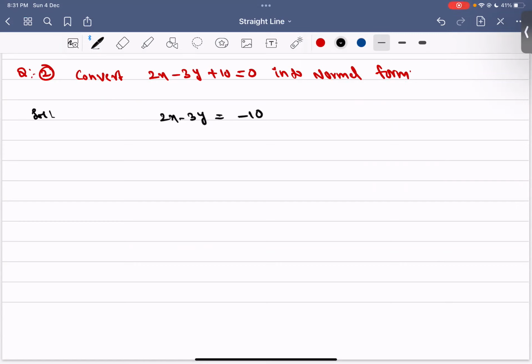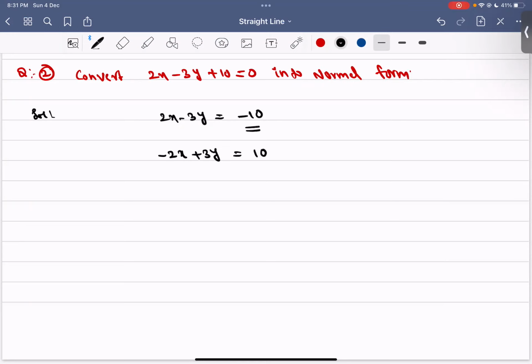You take this 10 to the right-hand side. Then you make the constant on the right-hand side positive. I will explain why to make it positive. If we multiply by minus, then you get minus 2x plus 3y is equal to 10.